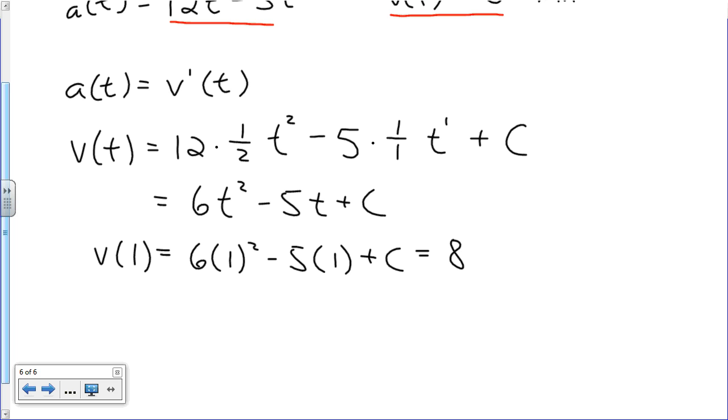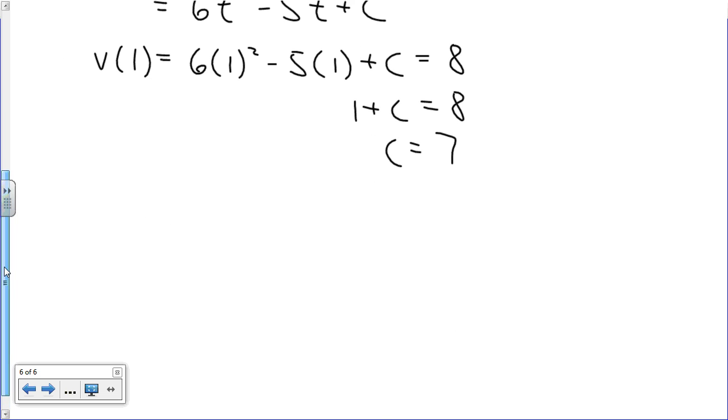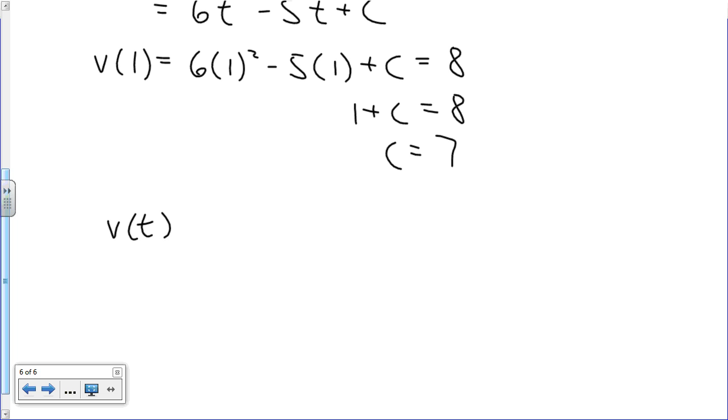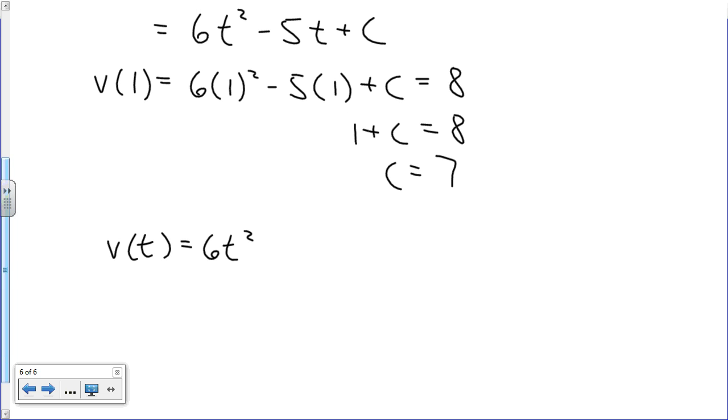So I have 6 minus 5 is 1 plus c is equal to 8, so that means c must be equal to 7. So it must mean that my velocity function, v of t, is equal to 6t squared minus 5t plus the 7, the value of c we just came up with. There is my velocity function.